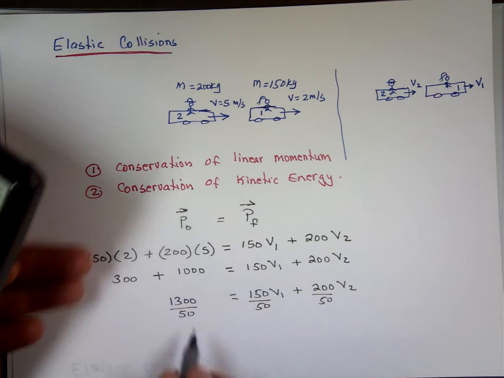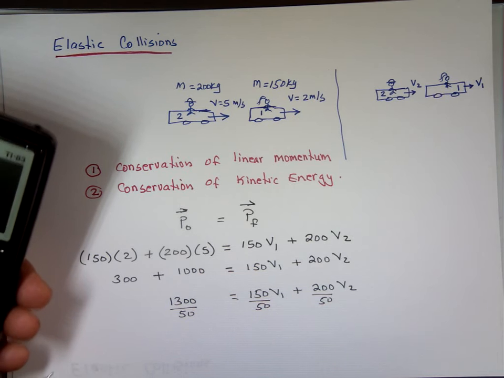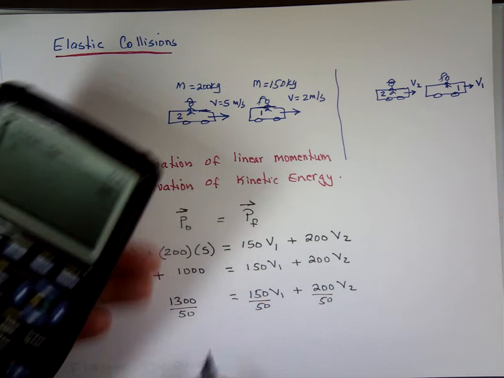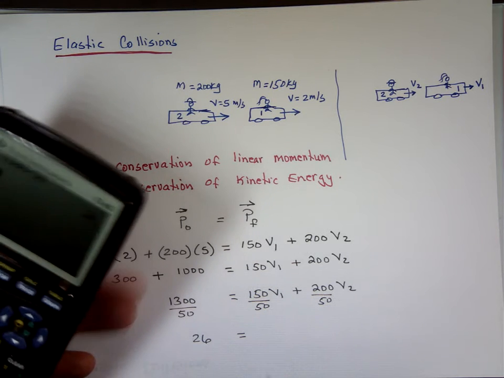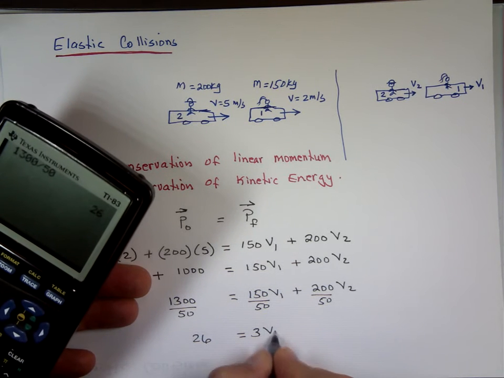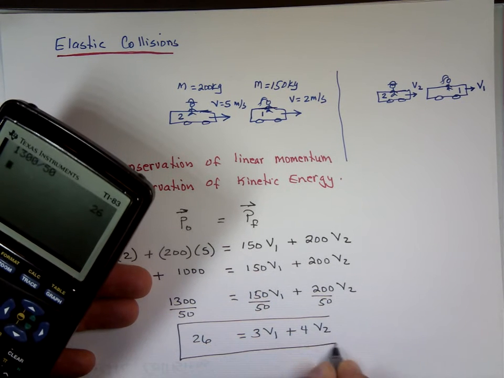So that will give me what? 1,300 divided by 50, 26. So this is just algebra to make the numbers a little bit smaller. 3v1 plus 4v2 instead of dealing with big numbers. That's equation number 1.